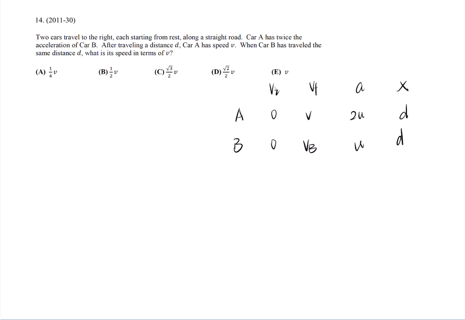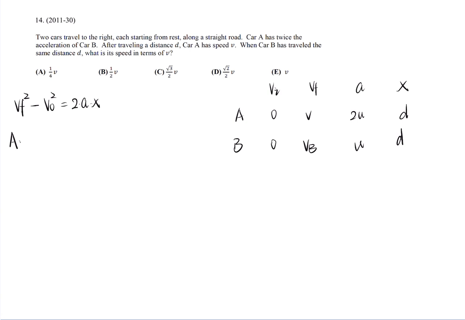Now, since the acceleration is constant, we can use this equation. The final velocity squared minus the initial velocity squared is equal to 2 times acceleration times the distance traveled. So now let's apply this equation to both cars.